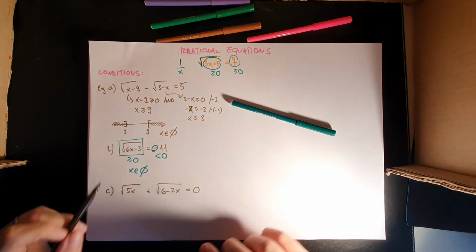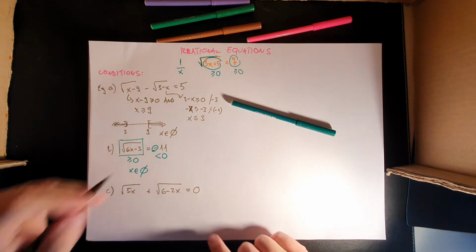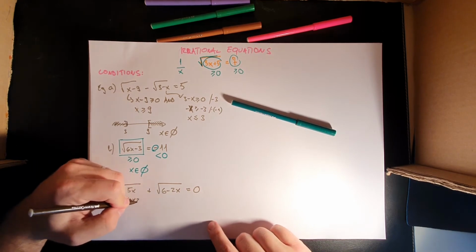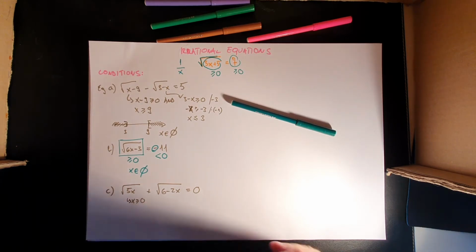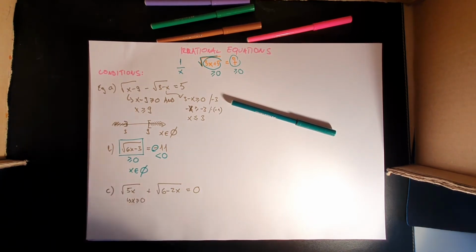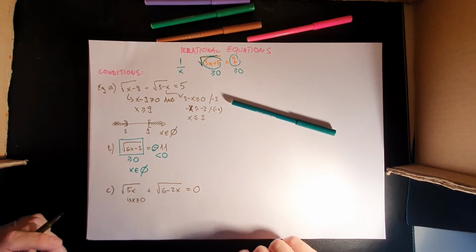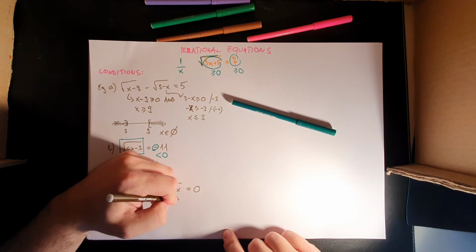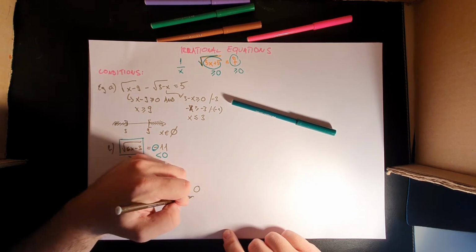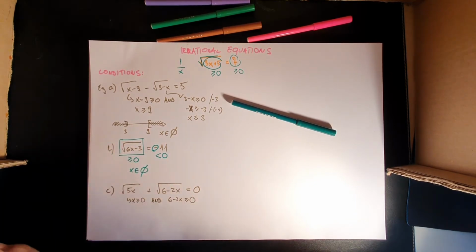The basic conditions are what's going on inside of the root. So in the first case, x has to be greater or equal to 0, because 5x has to be greater or equal to 0, but 5 doesn't matter. It cannot be equal to 0, so the only other guy in this whole picture is x. And 6 minus 2x also has to be greater or equal to 0. Okay, now let's leave it like this.